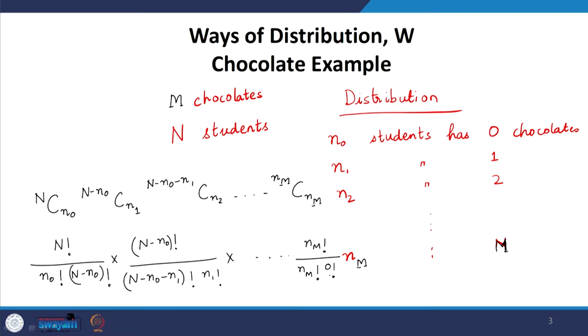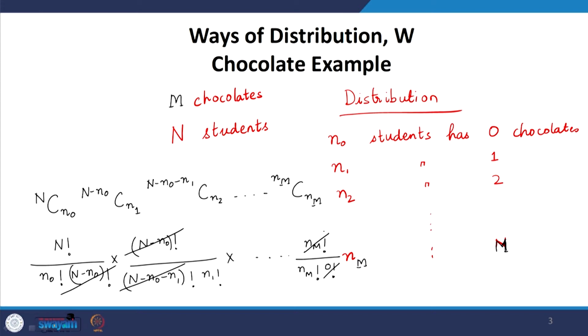So, what you will notice here is there will be certain cancellations. For example, this cancels with this, similarly this will cancel, and we can keep on going, and even the last one, these will also cancel. 0 factorial anyway is equal to 1.